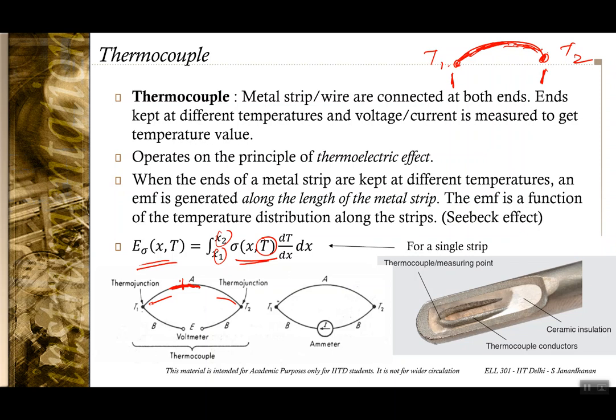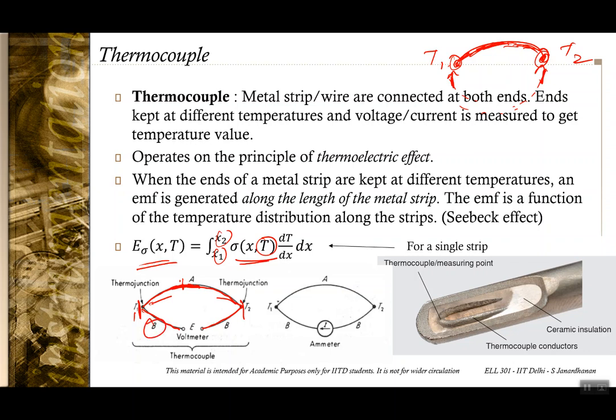Now it seems easy to measure this EMF between T1 and T2, but the point is, how are you going to measure this? Because you have to access both these ends, and so you have to have another connection here. So what you end up with is a setup where there is one metal strip here, there is another metal strip here, and both the ends of both these metal strips are kept at different temperatures.